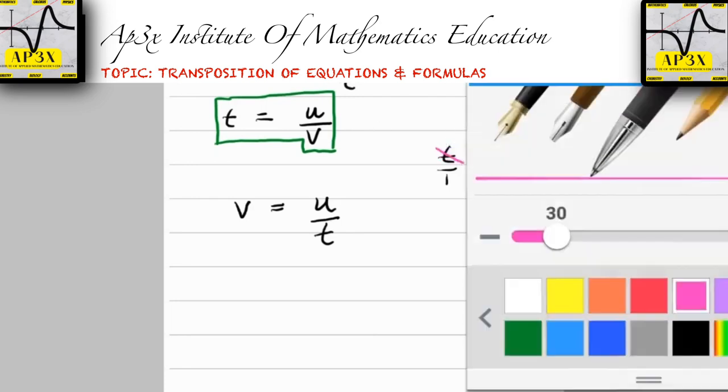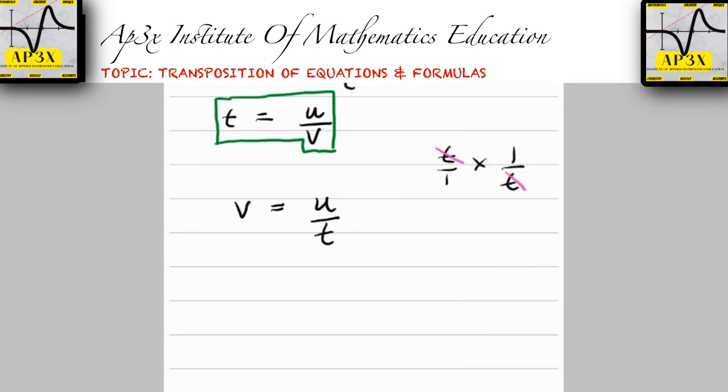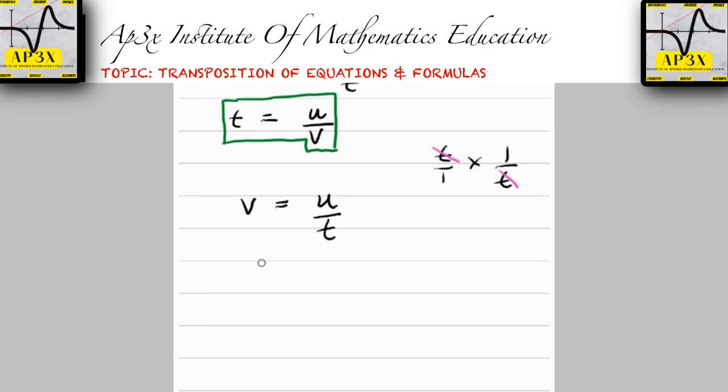In other words, we're looking at this, and this technique, as I said, is used mostly at an advanced level. You will find that most advanced teachers will say that this equation is actually V equals U multiplied by 1 over T. Because since T is the denominator and U is the numerator, U times 1 is still U. So it's the same equation.